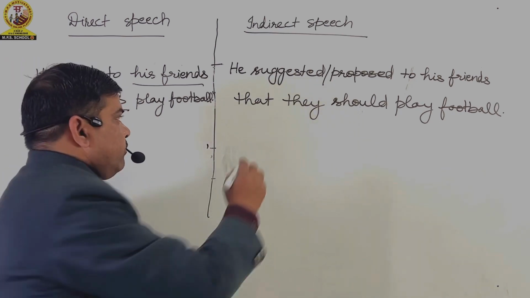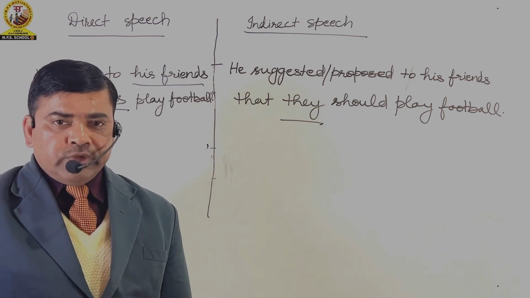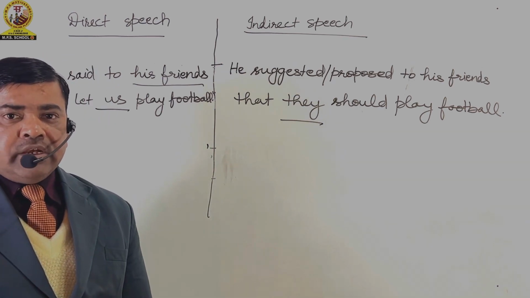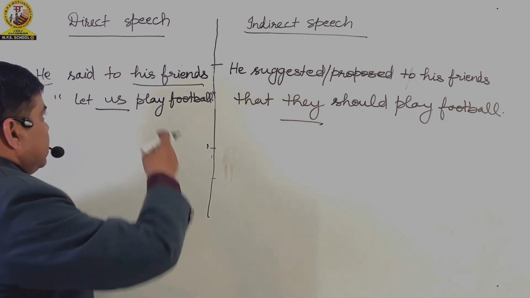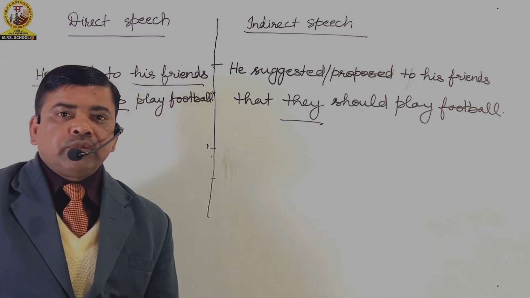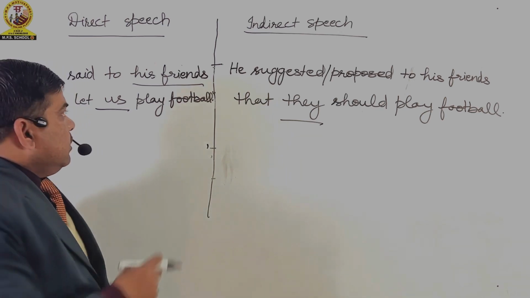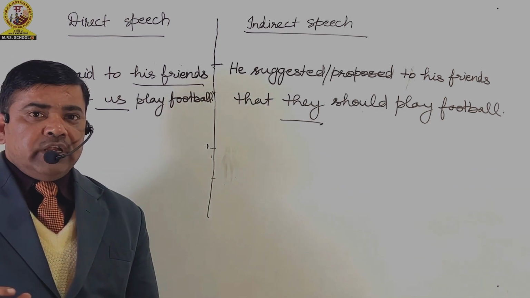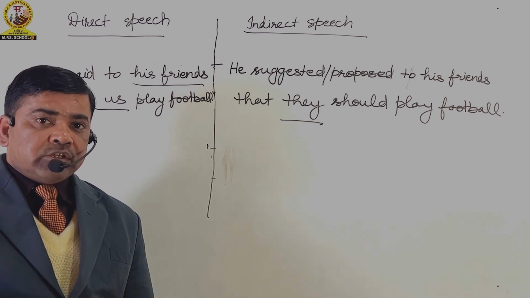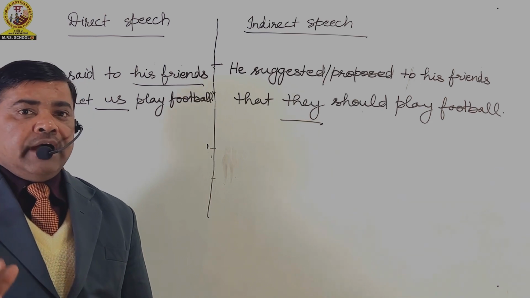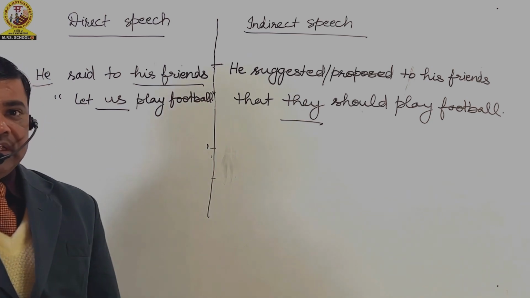Friends, here they has been used. In place of they, we cannot use we. What is the reason behind it? I have already discussed that if the subject of the reporting verb and the object of the reporting verb both are the third person, we will use they by replacing us.